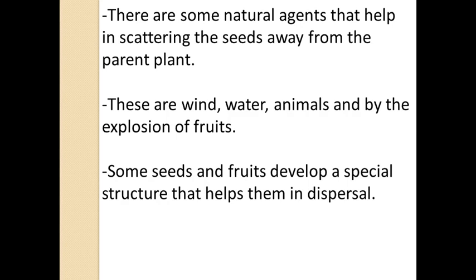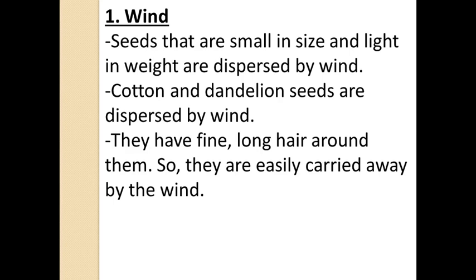In session 3, we have seen many videos of seed dispersal, meaning how the seeds are scattered and spread away from the parent plant. First we have learned about wind. If the seeds are small in size and light in weight, they are dispersed by wind. Then we have learned two examples, cotton and dandelion seeds.